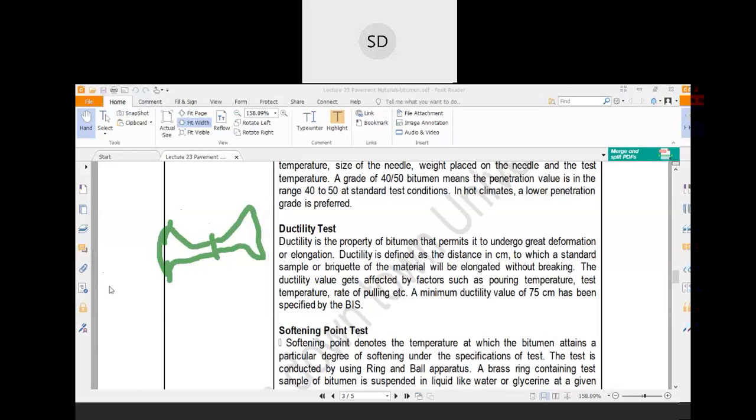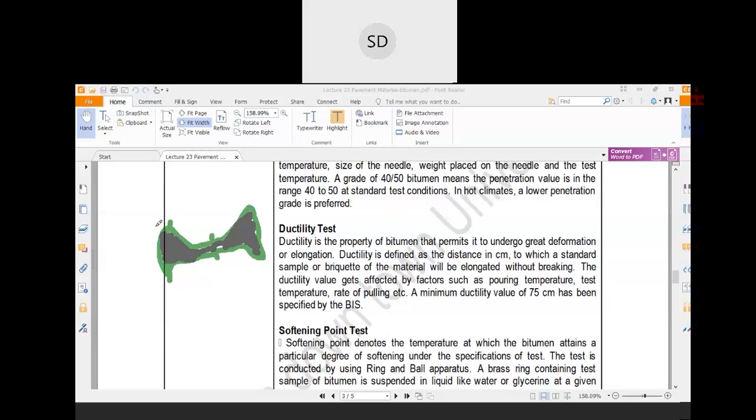After that, you have to fill the bitumen content over the gap portions, and attach it with the machine. In the ductility testing machine, there would be one water bath which will maintain the temperature at 27 degrees Celsius.